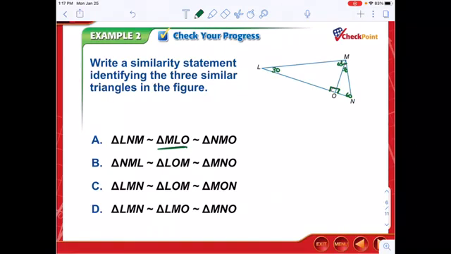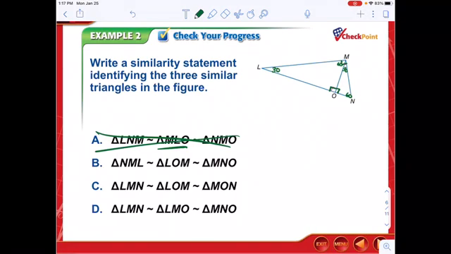So let's check the next one. 60, 30, 90. So this doesn't work, not in the same order. NML, 60, 90, 30.